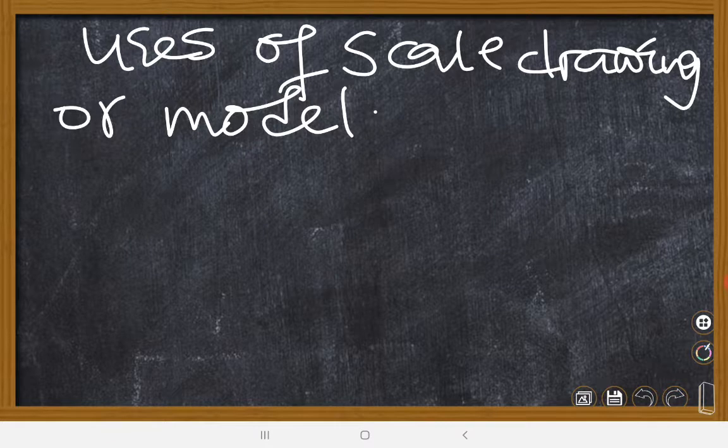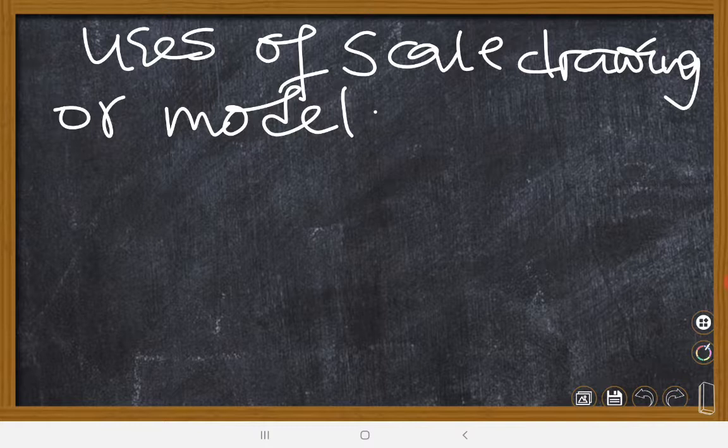You understand? So you can use scale drawing there. Scale drawing is used in house planning. If you want to draw a house plan, you have to do scale drawing. If you want to draw in architecture, if you want to draw a three-dimensional model of a house, you have to have the knowledge of scale drawing.